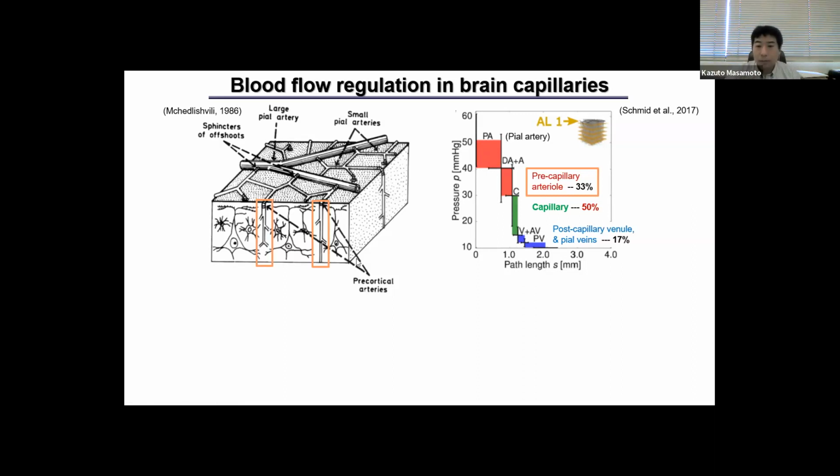Here, 40 mmHg is almost the input into the penetrating part of the brain tissue. The estimation shows that one third of the pressure is distributed along the penetrating arteriole. This is the highest blood pressure difference compared to the length of the vasculature.